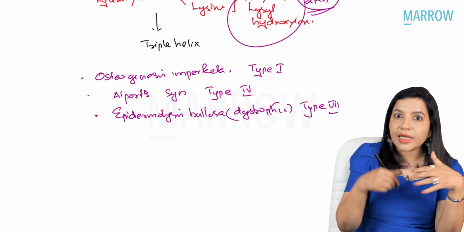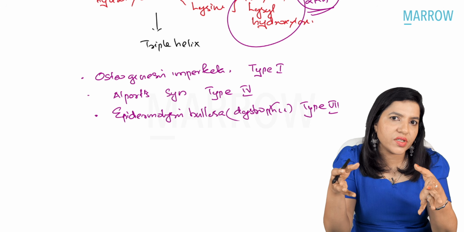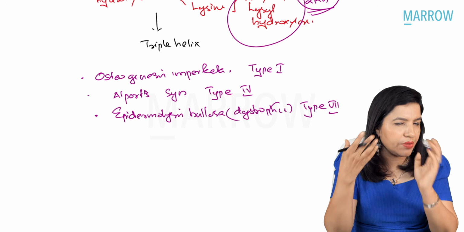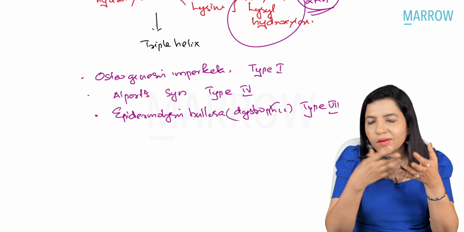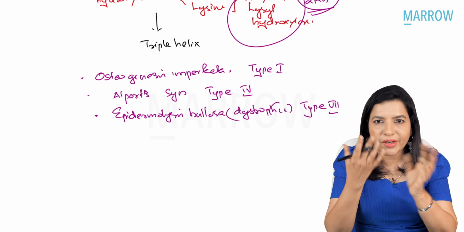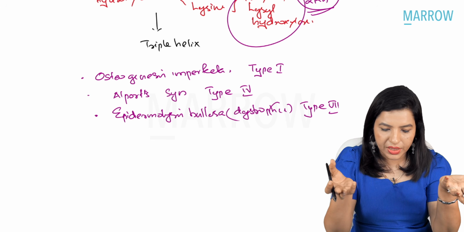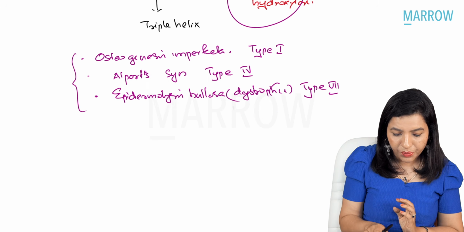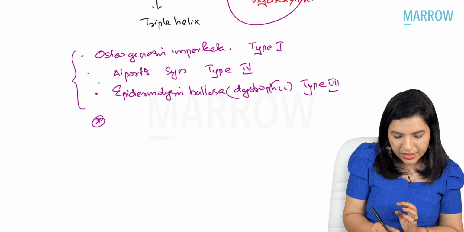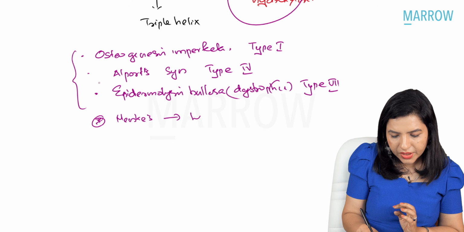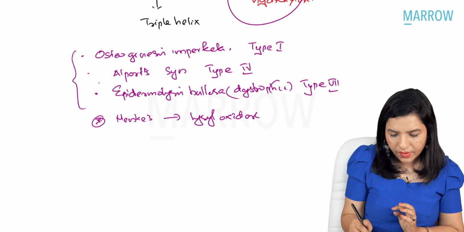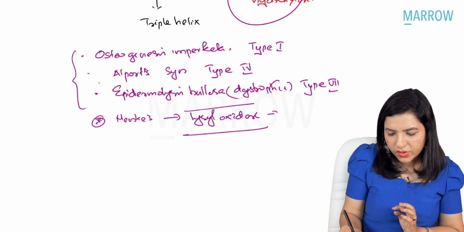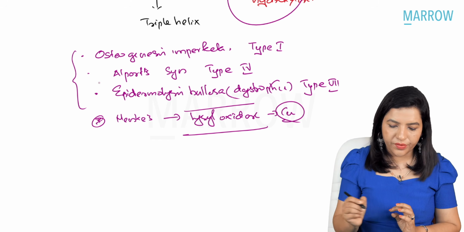Then Ehlers-Danlos syndrome. There are various types of Ehlers-Danlos syndrome, and it will be difficult for us to remember all of them because almost every collagen is associated with an EDS. Most of the time these are the defects that are asked, and apart from that, Menkes disease, which is a defect in lysyl oxidase caused by a copper defect.